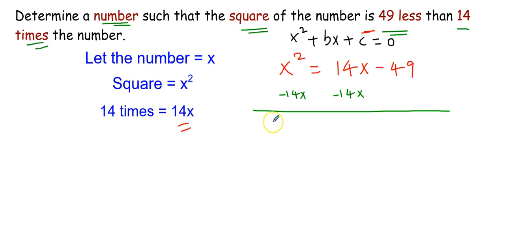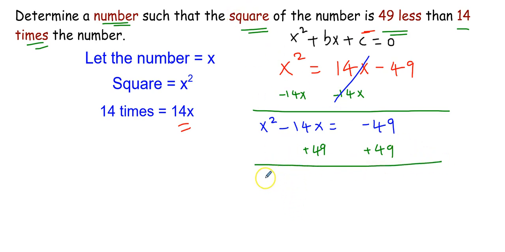I cannot subtract x square from 14x because they are unlike terms. Therefore, I'll just bring down x square minus 14x. Now 14x minus 14x got cancelled, so you are still left with 49 on the right hand side. To get rid of that 49, add 49 on the right hand side, and add the same 49 on the left hand side.